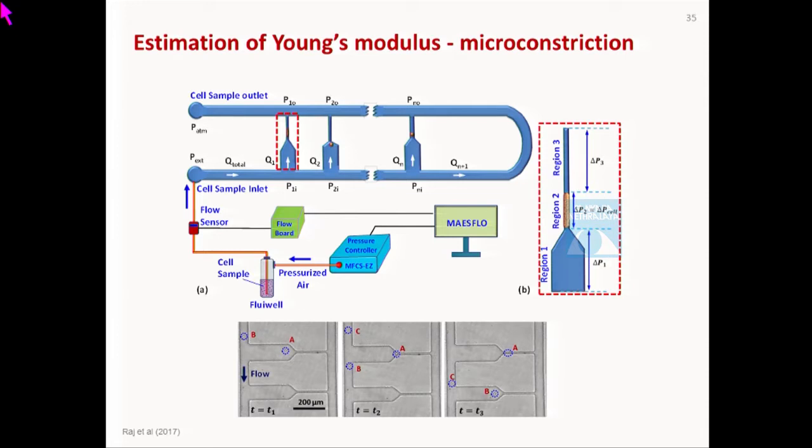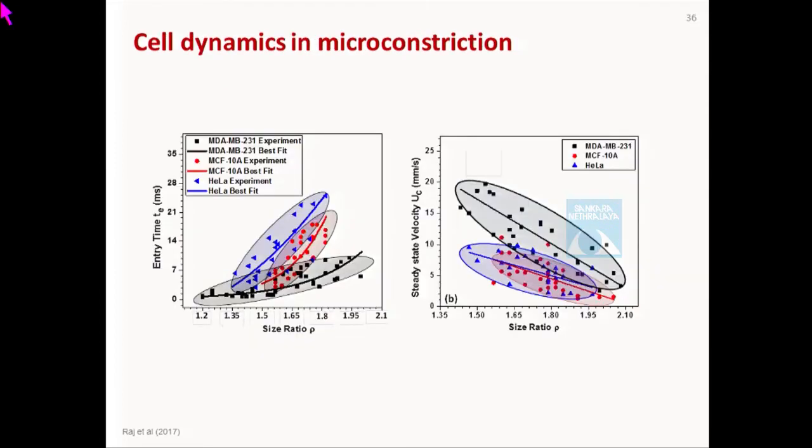We have also used a microfluidic device for high throughput measurement of stiffness of various kinds of cells. So you have these cell samples coming. The design is such that you have only one cell entering each one of these channels. By measuring the elongation characteristics, you can predict the stiffness of the cells.